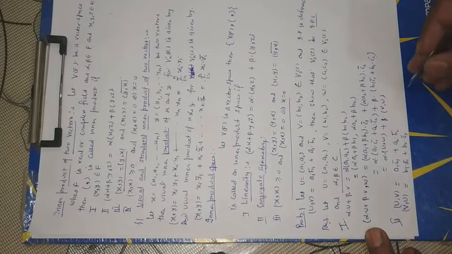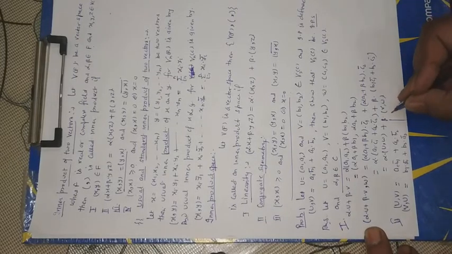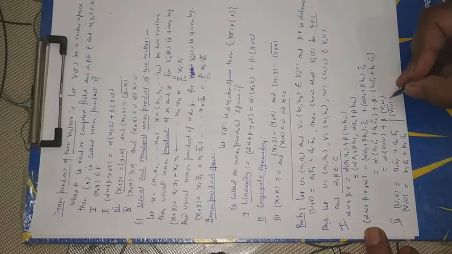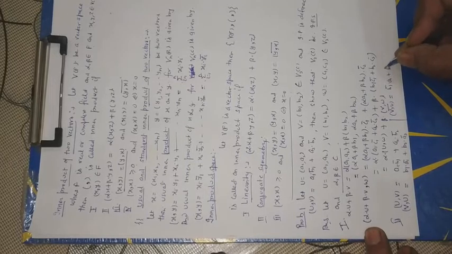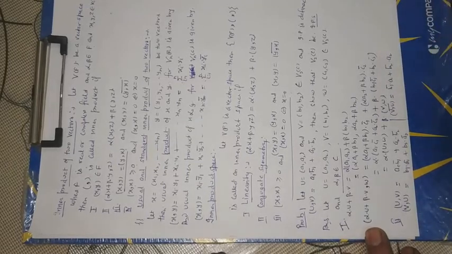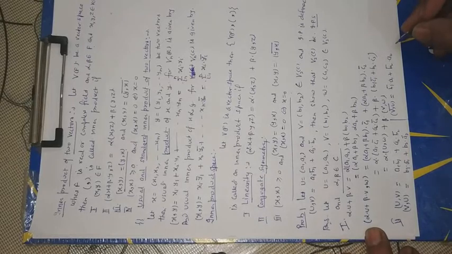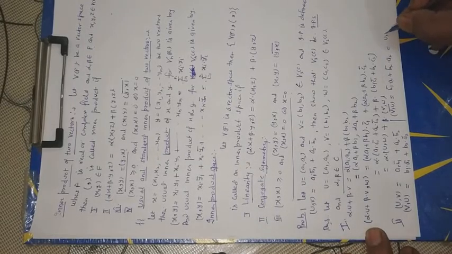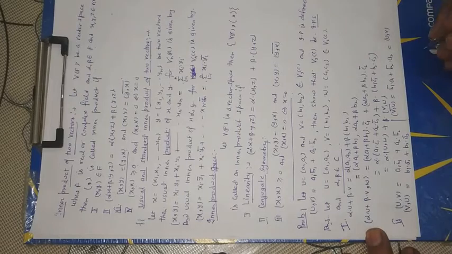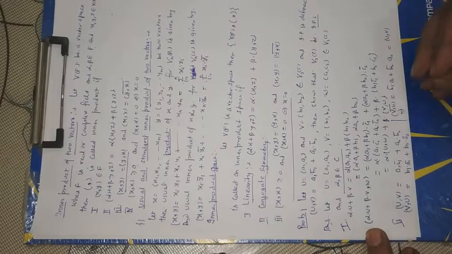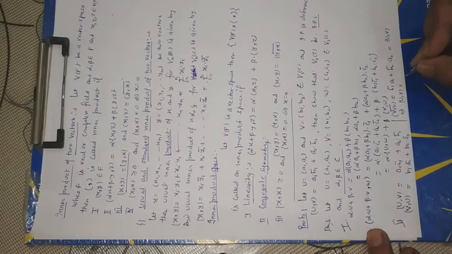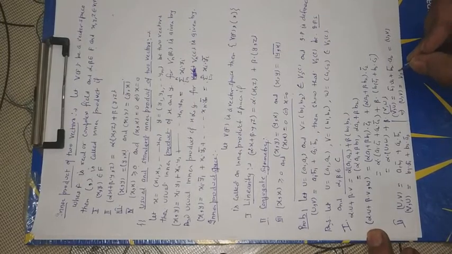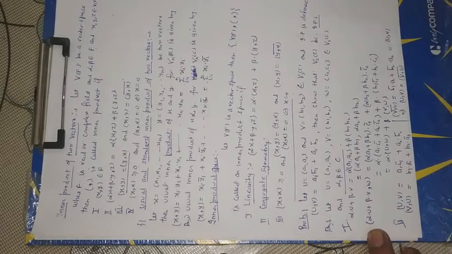Now the conjugate of v inner product with u is equal to b1 bar into a1 plus b2 bar into a2. This is equal to u inner product with v. This implies that u inner product with v is equal to the conjugate of v inner product with u.